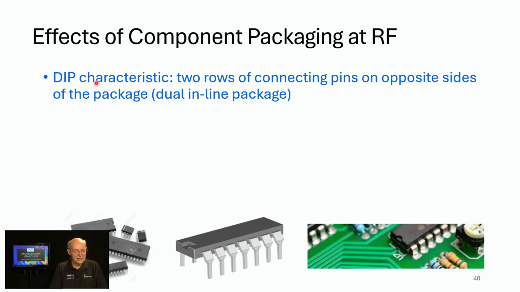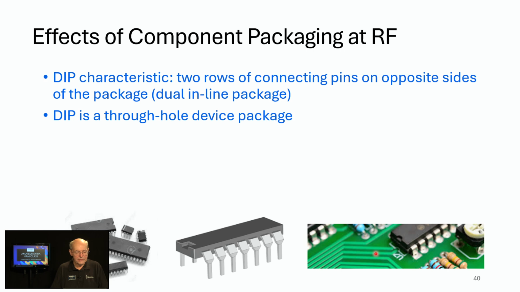What is the DIP characteristic, dual inline package? Two rows of connecting pins on opposite sides of the package, like this. You can see how it would be mounted on a circuit board. There are holes in the circuit board that the component goes through, and then it's soldered to the circuit board. So DIP is a through-hole device package.